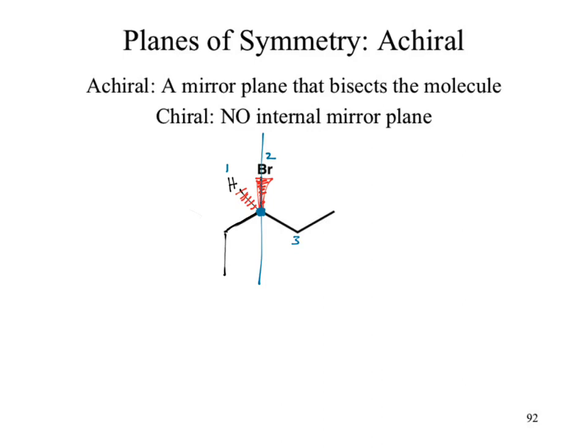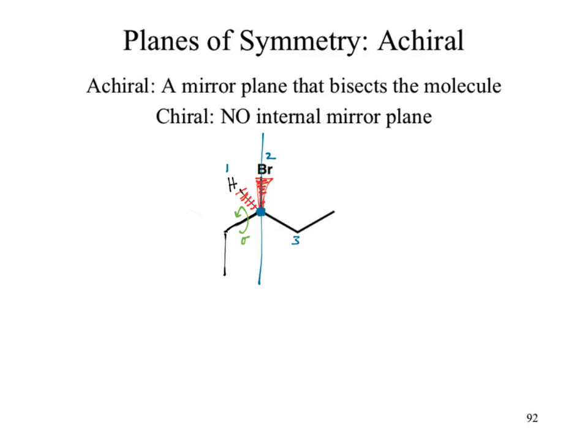I still have the plane of the paper, and as an important suggestion, what was the difference between the previous structure and this one? It was merely a rotation about a sigma bond. Am I allowed to rotate about sigma bonds? Yes. Will I do so to make a structure look chiral? Absolutely.